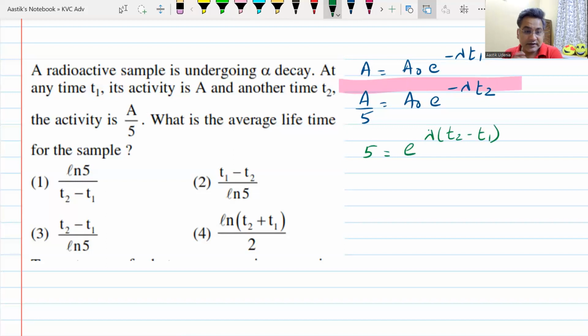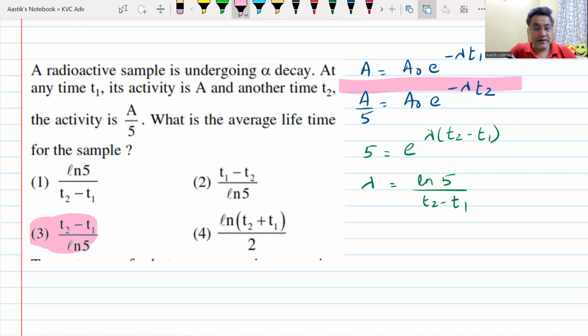If I am not correct, I am very bad with divisions. So lambda will be equal to ln of 5 divided by T2 minus T1. Therefore, the average life is 1 by lambda. And the answer that you should be getting, my dear friends, is option 3, T2 minus T1 divided by ln 5. I'll give you a minute to note this down.